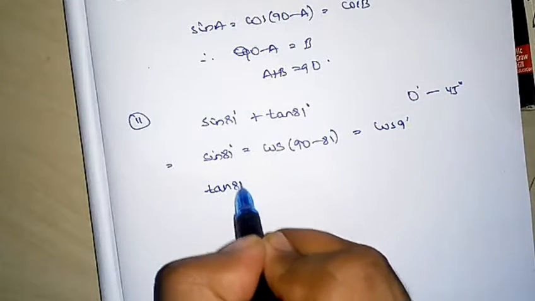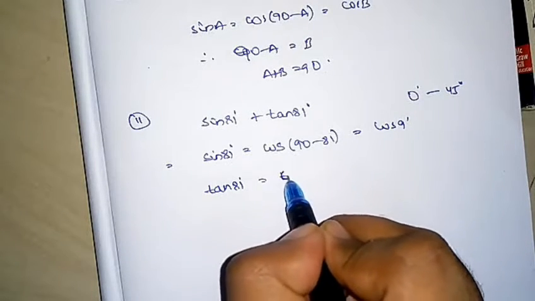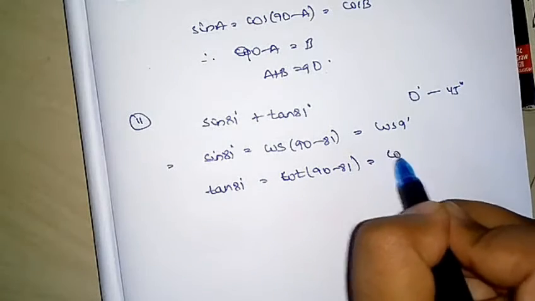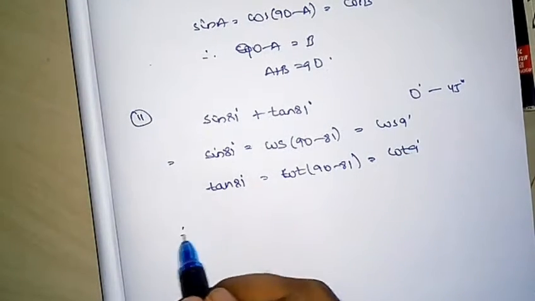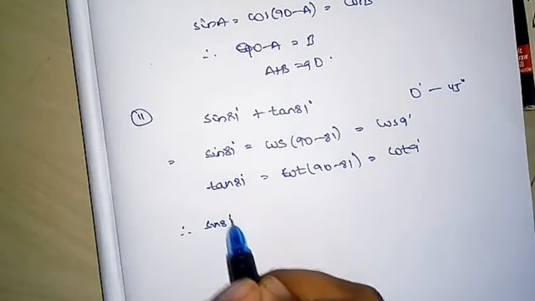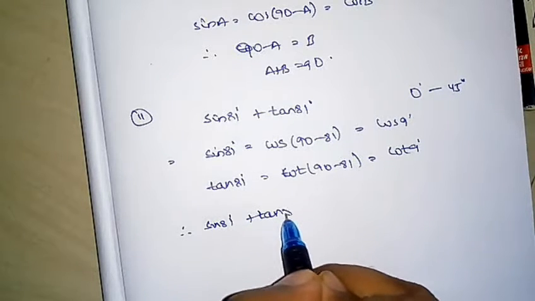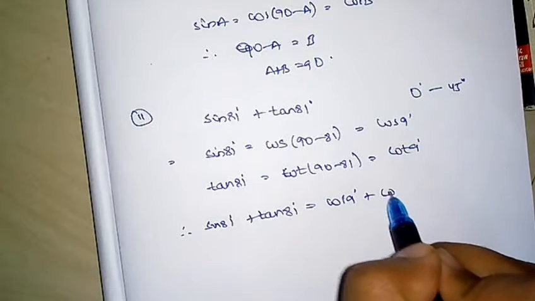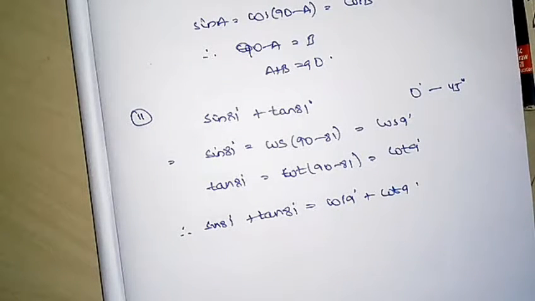Tan 81 degrees can be written as cot 90 minus 81, which is equal to cot 9 degrees. Therefore, sin 81 degrees plus tan 81 degrees is equal to cos 9 degrees plus cot 9 degrees.